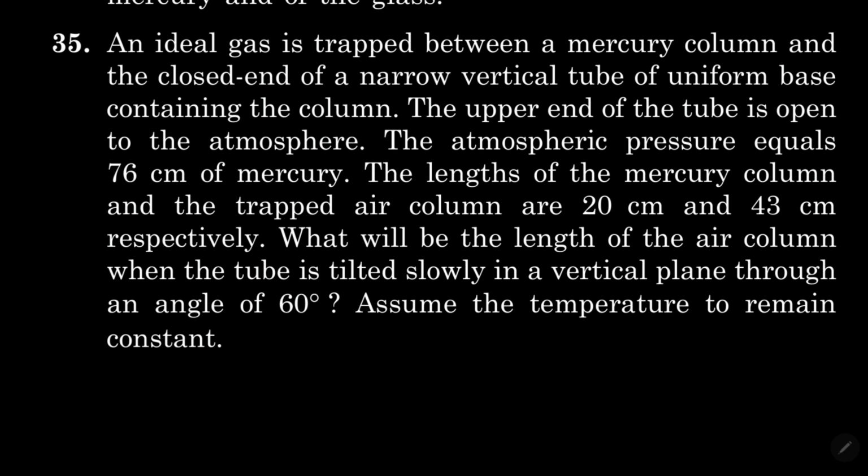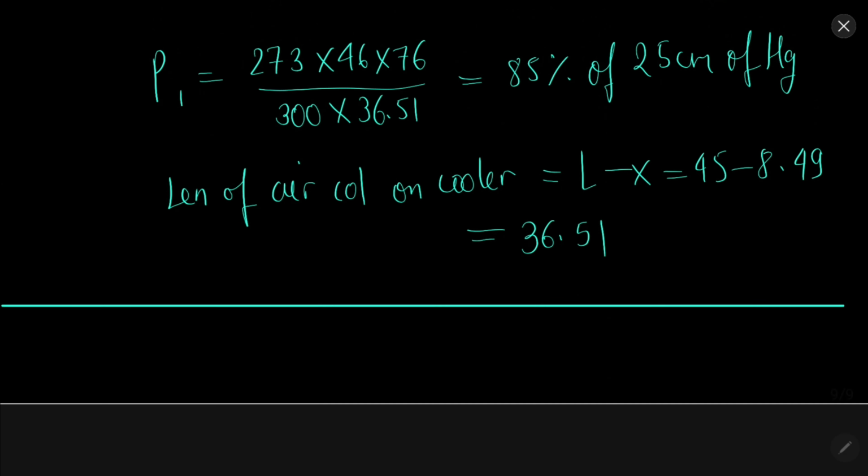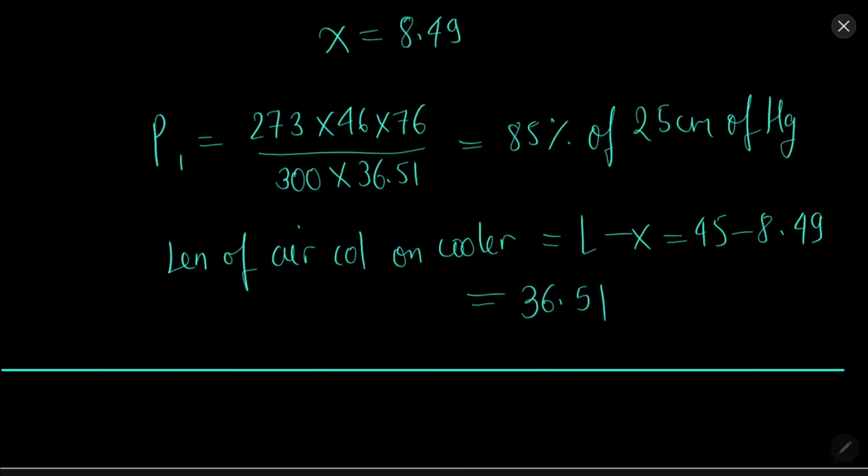In 35 we have ideal gas trapped between mercury column and closed end of narrow vertical tube. What will be the length of the air column when the tube is tilted slowly? So this is solution 35. So we have two cases.